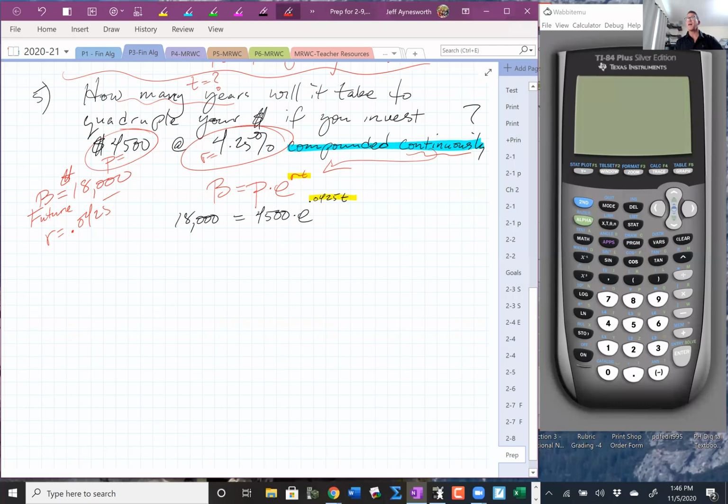Okay, so let's see if you guys have learned some simplifying tricks today. What should we do first to simplify the equation so it looks more user-friendly? What simple things can we do to make it easier to look at, easier to put in the calculator? Very good idea. Good job. So let's divide by 4,500.